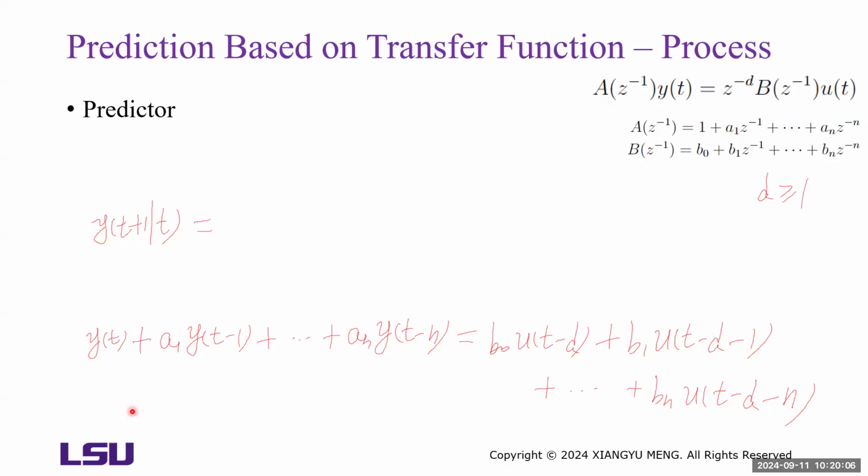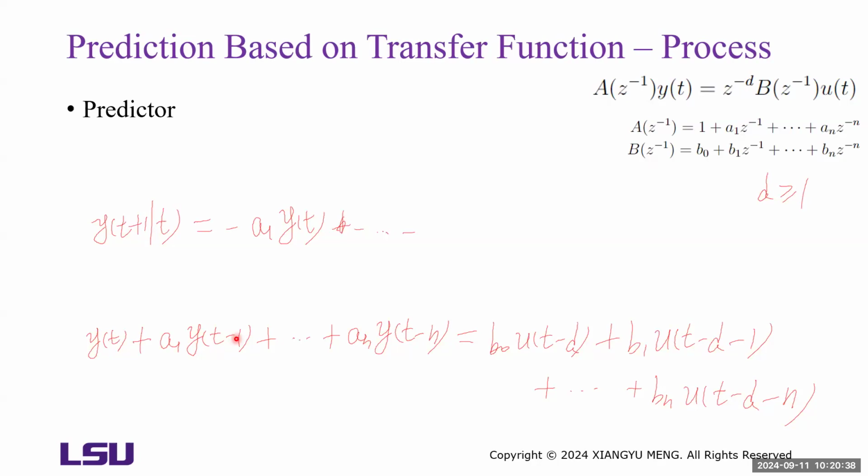So if you change t to t+1, here will be y(t), which is past information. At time t, we have the output measurement y(t).